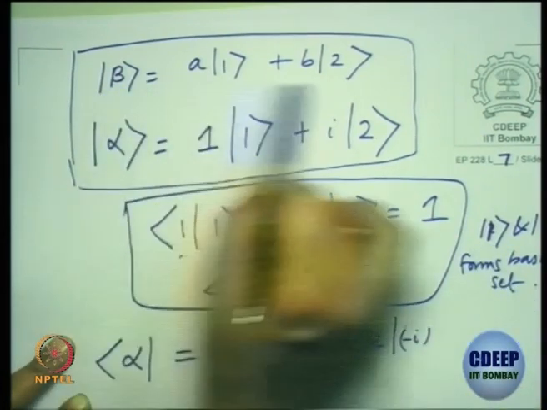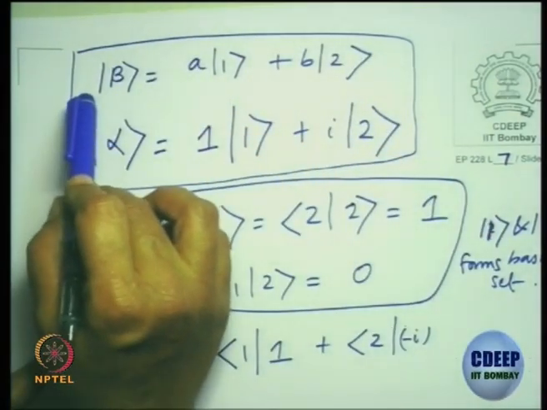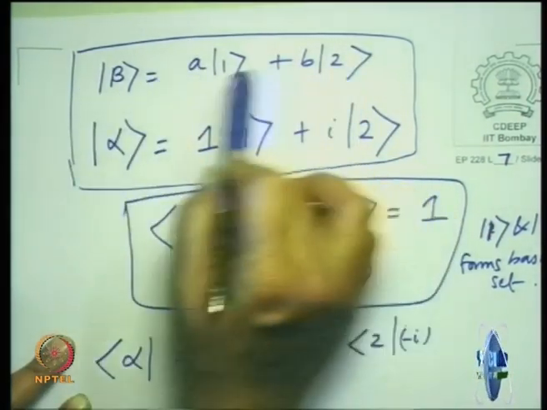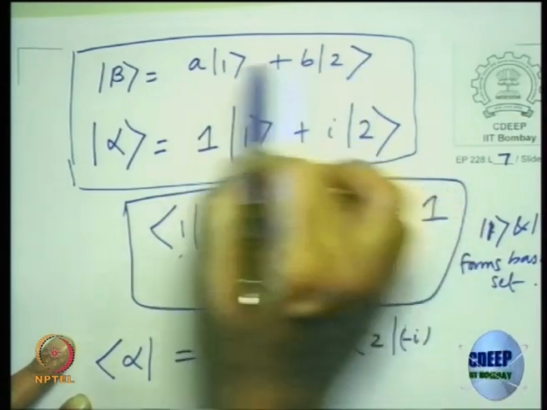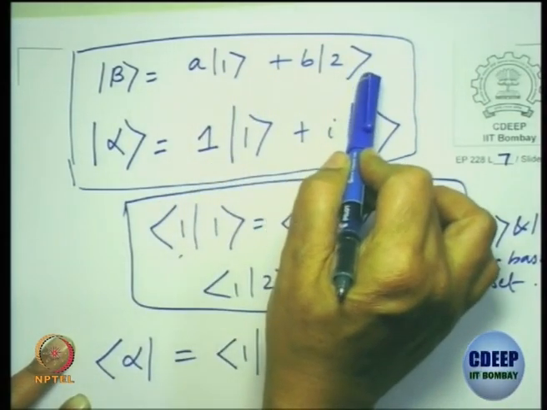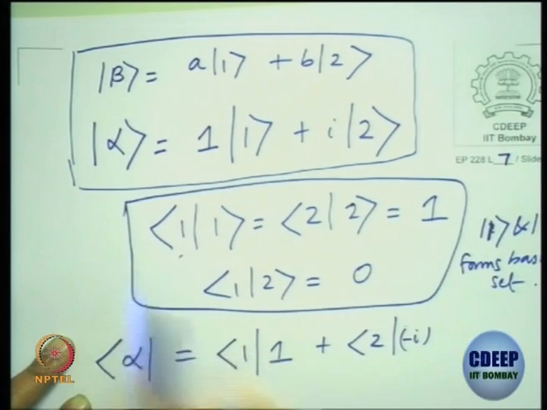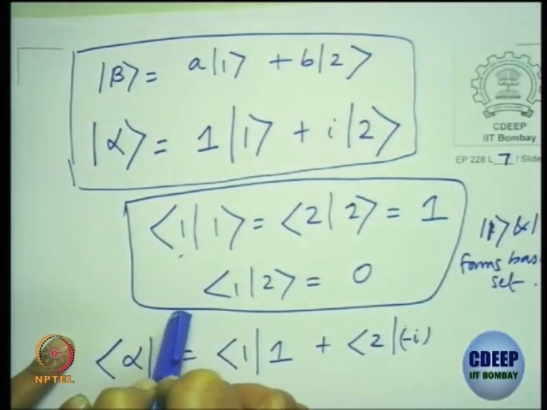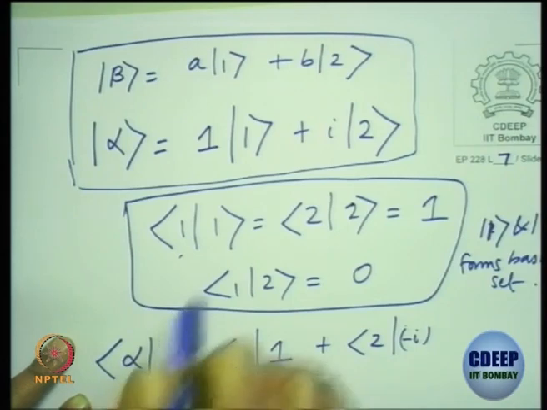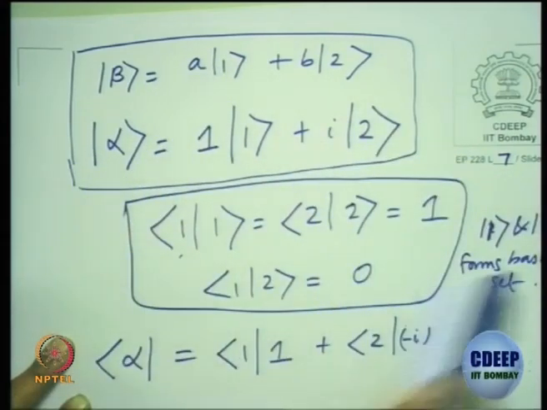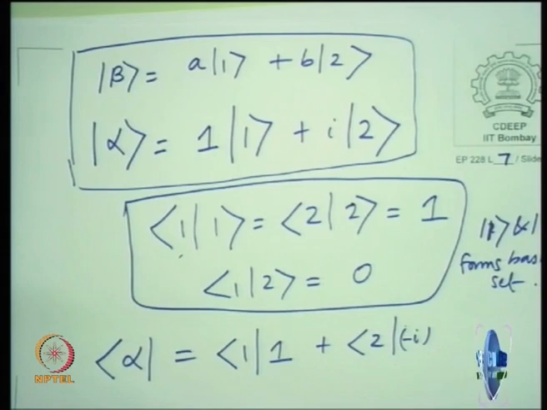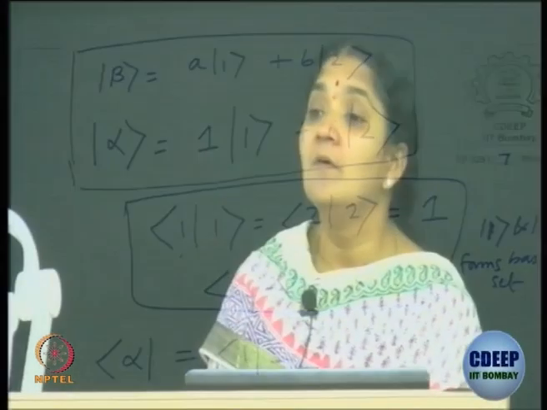And since it spans, any arbitrary state can be spanned by using these two states, and it is satisfying this property, linear independence and spanning the space. So |1⟩ and |2⟩ form the basis set. So what is the dimensionality of the vector space? 2.